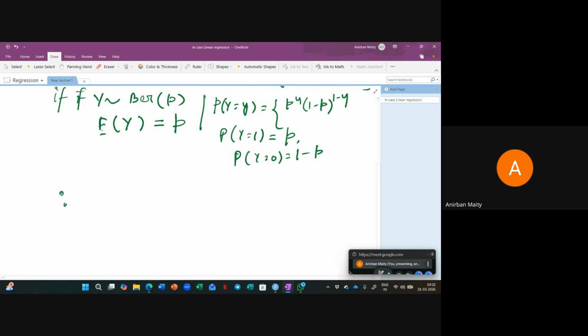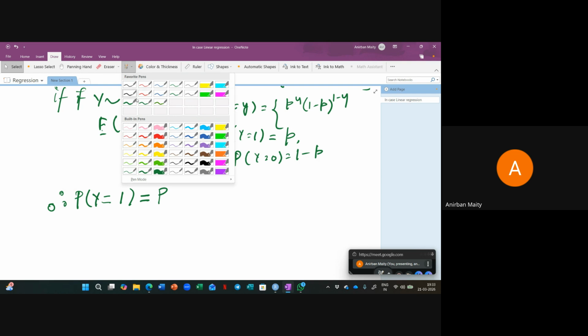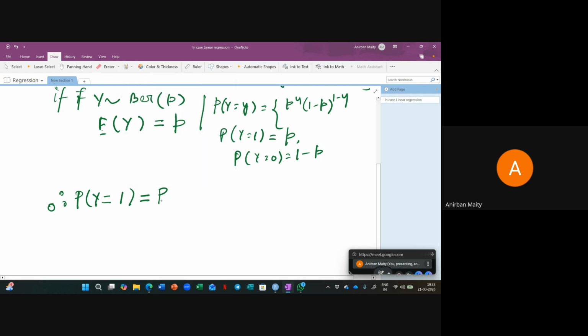So in that case, you are basically modeling probability of y equals 1, that equals beta naught plus beta 1 x1 plus beta 2 x2 plus beta 3 x3.